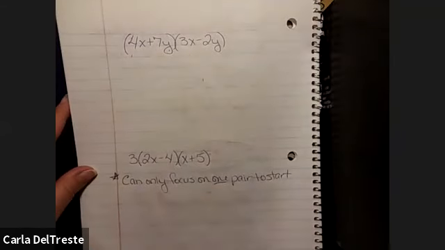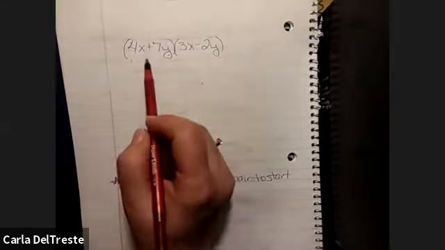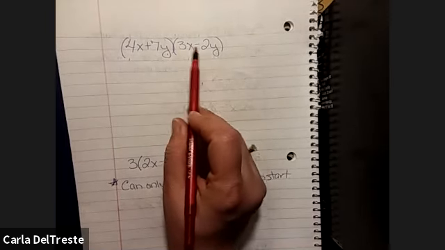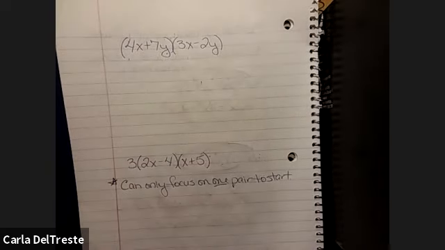Here's our next example. I want to multiply a binomial, 4x plus 7y, two terms, times another binomial, 3x minus 2y, two terms. You might have learned another technique for this called FOIL. FOIL stands for first, outside, inside, last, or first, outer, inner, last, depending on how you learned it.